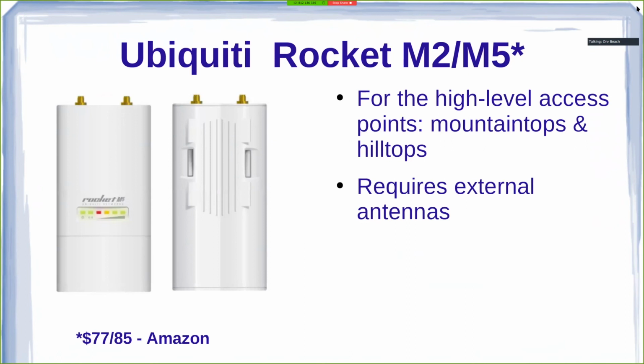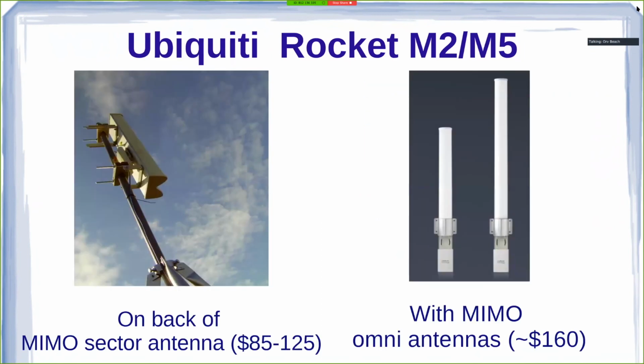So what Ubiquiti has done is repackage those radios in what they call a Rocket. You can see the 2 little SMA coaxial connections on the top. That lets you hook up whatever antenna you want. So on the left here, if you can see the Ubiquiti Rocket clipped on the back of an antenna that looks like a very, very large bread loaf.